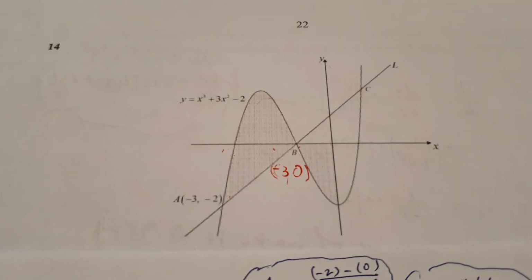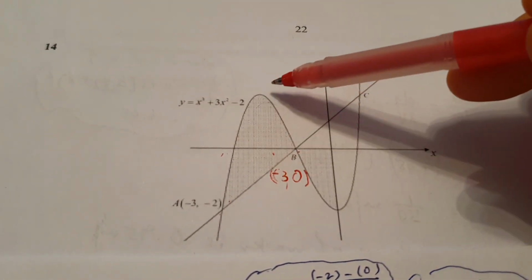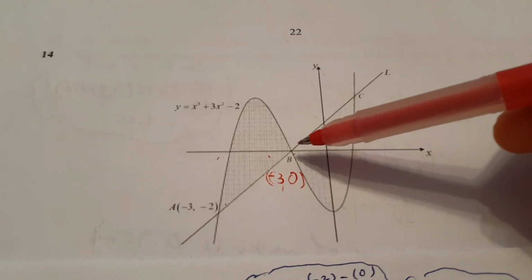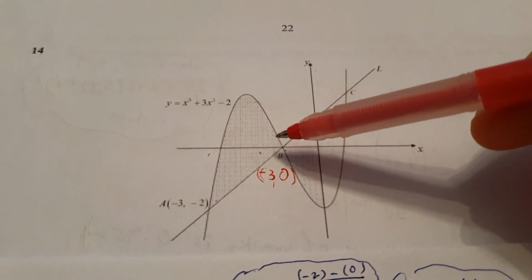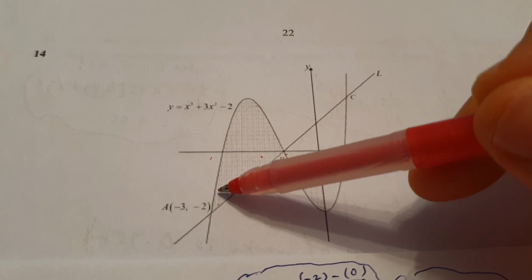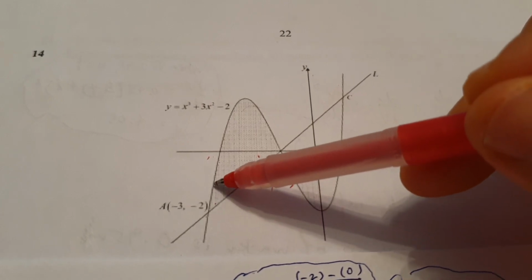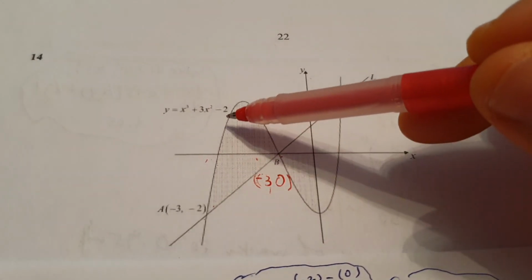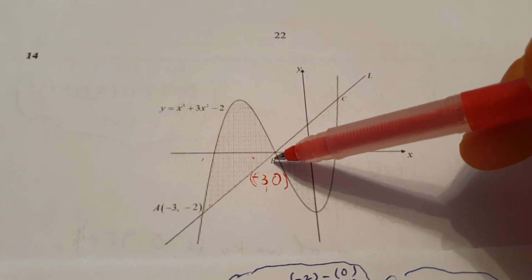Let's go back to the basics. In order to find this shaded area, you must understand that when you imagine yourself walking here, this top part, which I call the heaven, remains the same throughout.